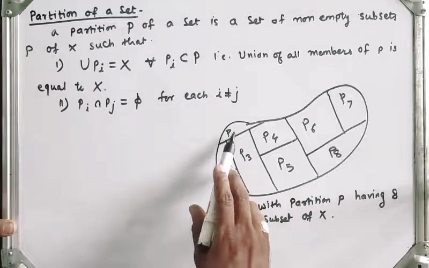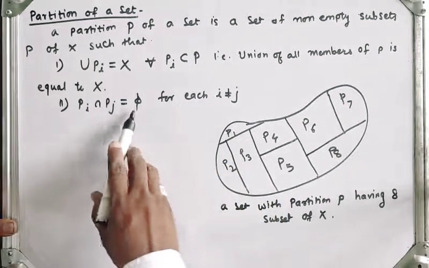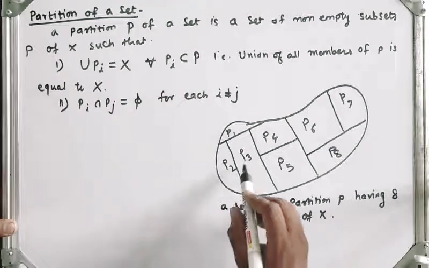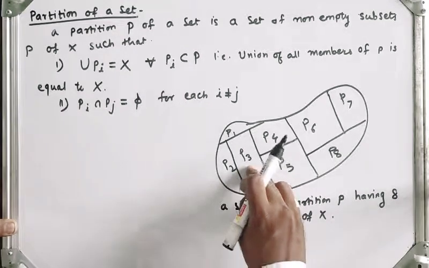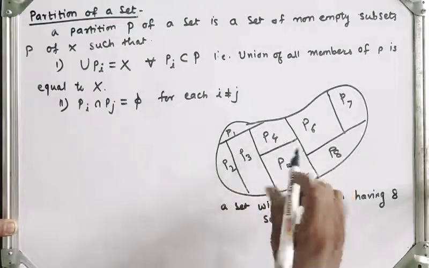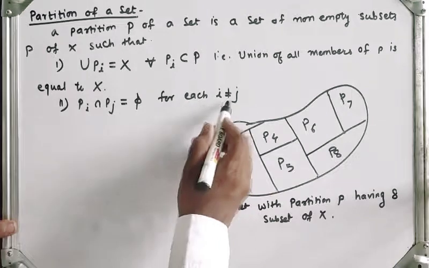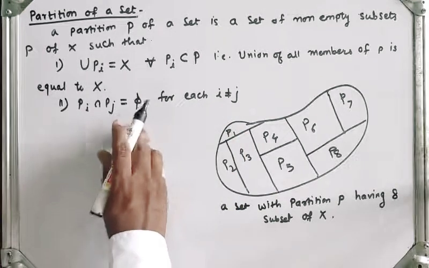So I take the intersection of P1 with P2. There is no common element, so the intersection must be phi. I take P2 with respect to P3, so the intersection of these two sets must be phi. Here P4 and P5, their intersection must be phi. So for each i not equal to j, P_i intersection P_j must be phi.